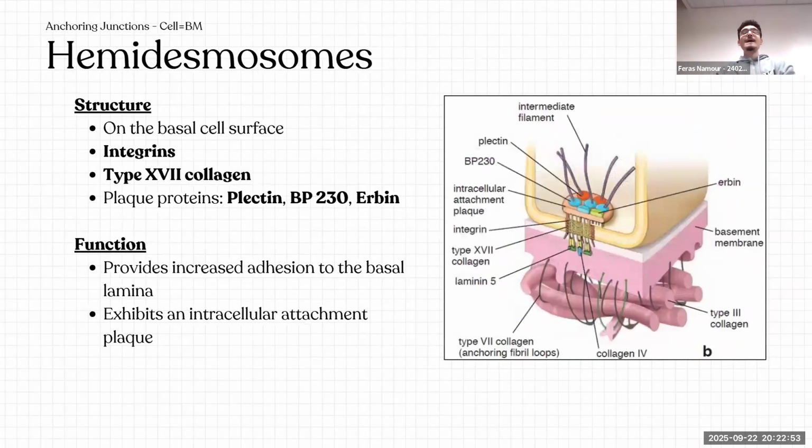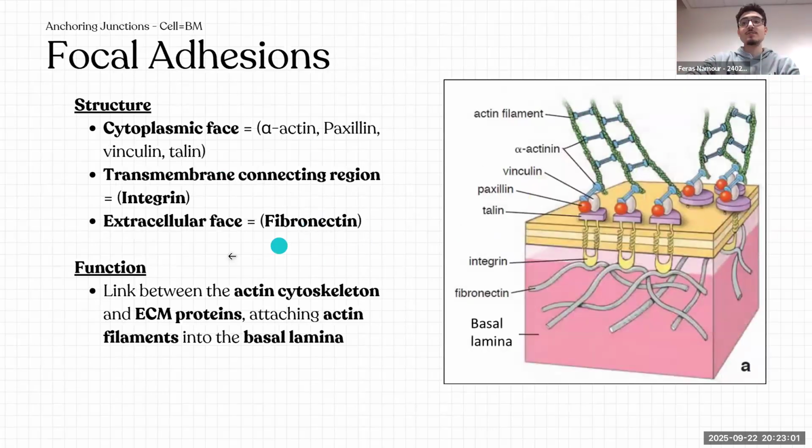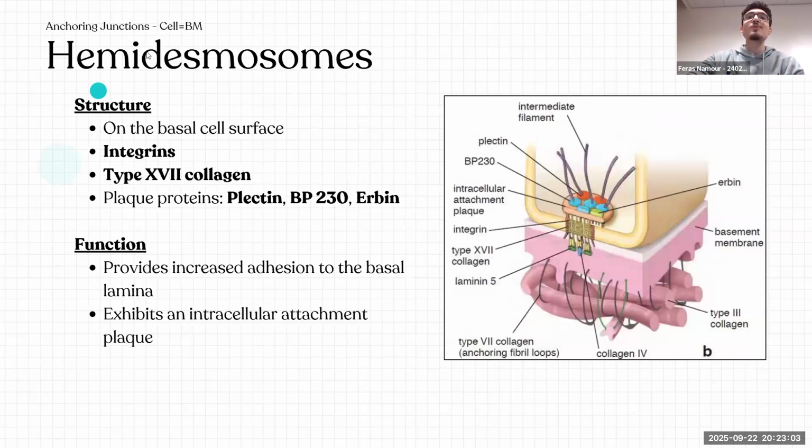Okay? Now, let's talk about cell to basement membrane. We have hemidesmosomes, and we have focal adhesions. Hemidesmosomes, we talked about indirectly. We didn't name drop it back then. But remember integrins, the proteins in the basal cell membrane?